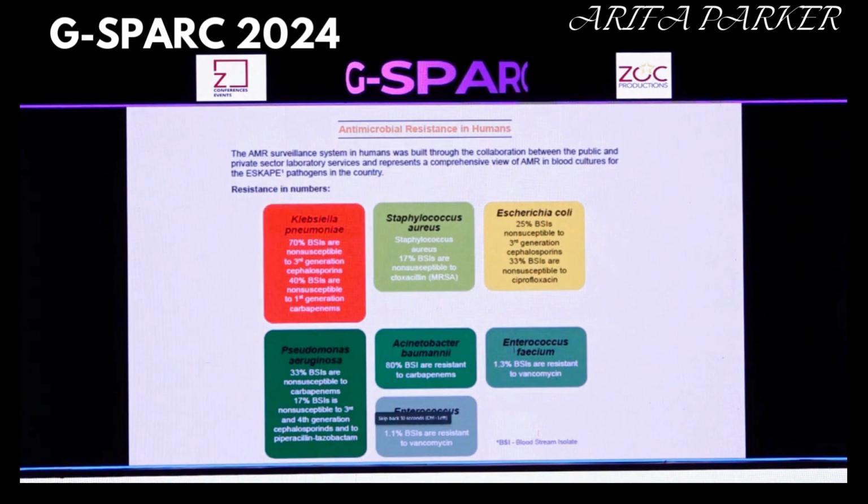Of concern is that 70% of Klebsiella bloodstream infections are non-susceptible to third-generation cephalosporins. Staphylococcus aureus, under 20% are non-susceptible to cloxacillin. 25% of E. coli are non-susceptible to cephalosporins, and so forth.